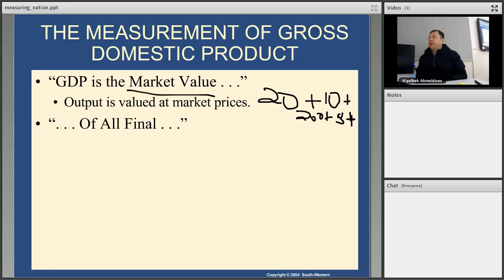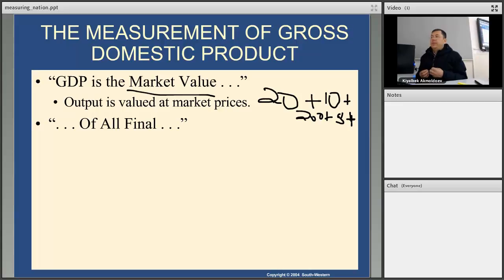So when we multiply the amount of goods and services by their market price, we get the total value of all goods and services which were produced in the economy, and we call this total value GDP, or gross domestic product. So GDP is the market value of all final goods.